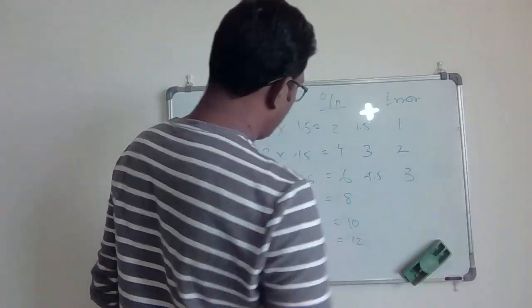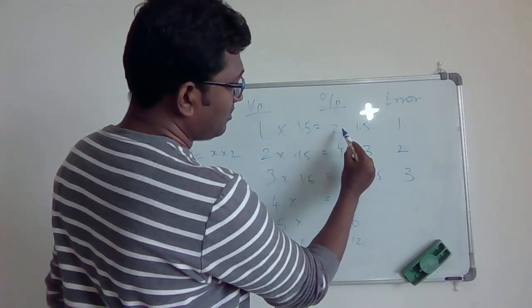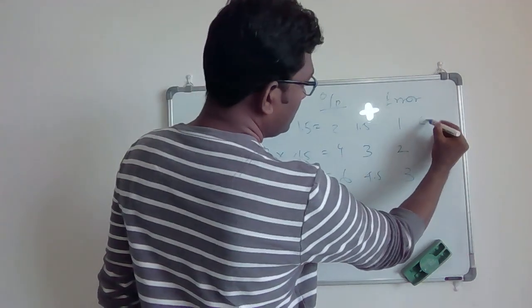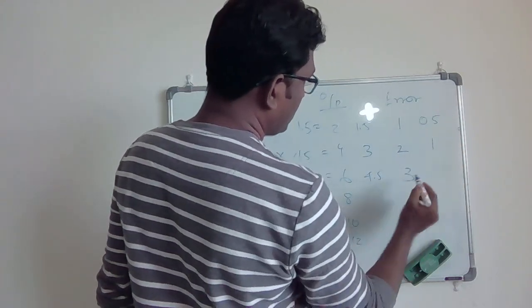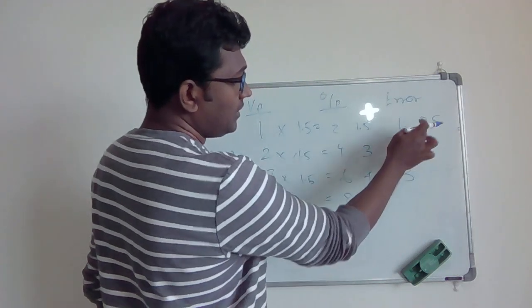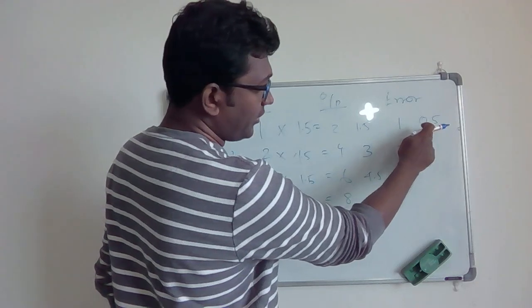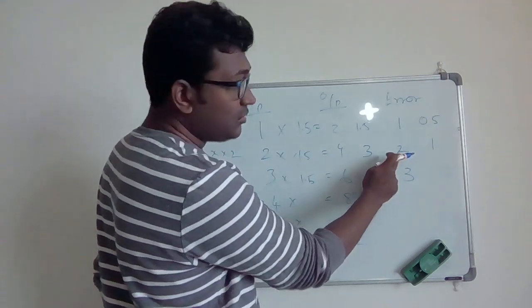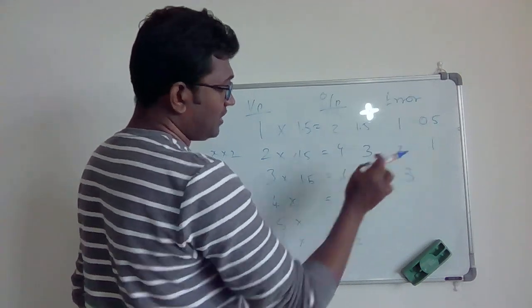Now the error between 2 and 1.5 is reduced to 0.5. 4 minus 3 is 1. So initially we got error 1, now we get error 0.5. Initially we got error 2, now we get error 1. So if you multiply by 1.5, the error is reducing.